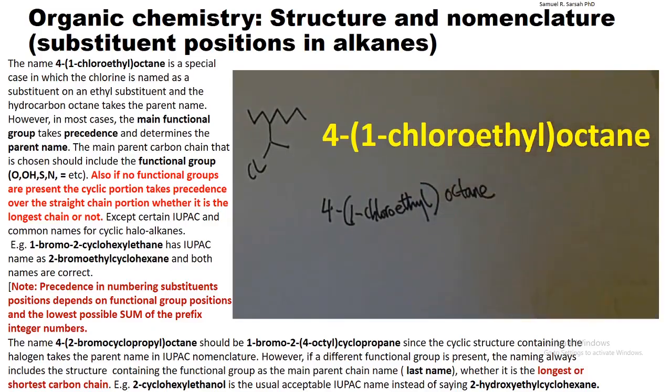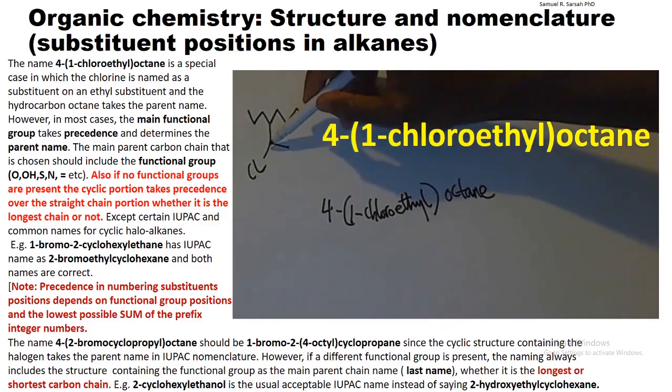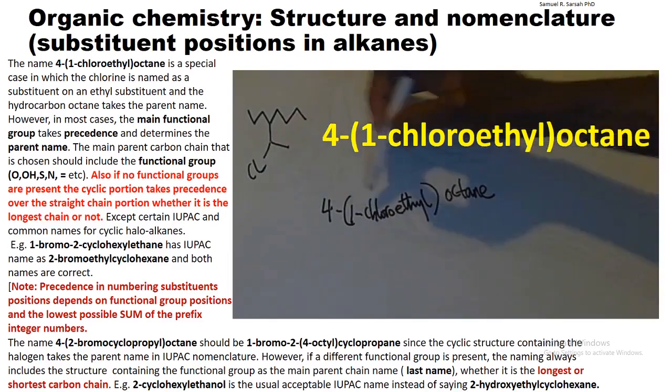So it's the brackets. Okay. So it is telling me that I have ethyl substituent coming off of carbon number 4 on the octane, and then the first carbon that is joining the branch has a chlorine coming off of it. So that's why this is number 1.